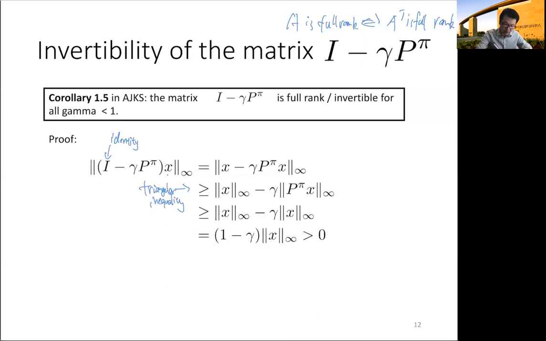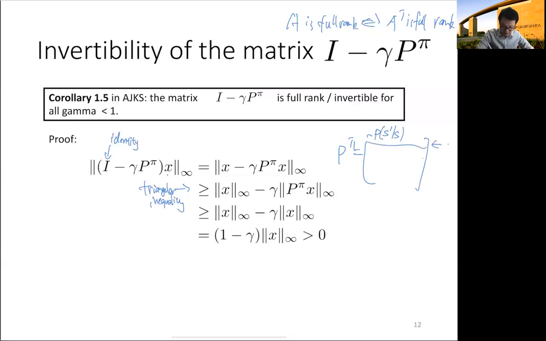First of all, this requires us to look at what this P pi looks like. P pi is the transpose of a transition matrix. Therefore, every row of this P pi is a probability distribution. So every row of P pi is the probability of S prime given S, right?